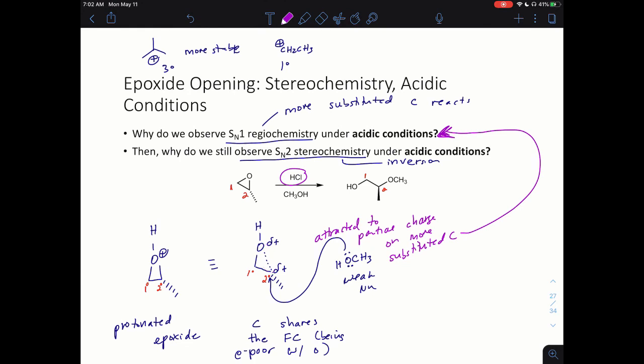So it's just longer. So we also observe SN2 stereochemistry. There's still inversion here when methanol attacks. There's still inversion because this bond isn't fully broken, it's just long. And so that explains SN1 regiochemistry and SN2 stereochemistry.